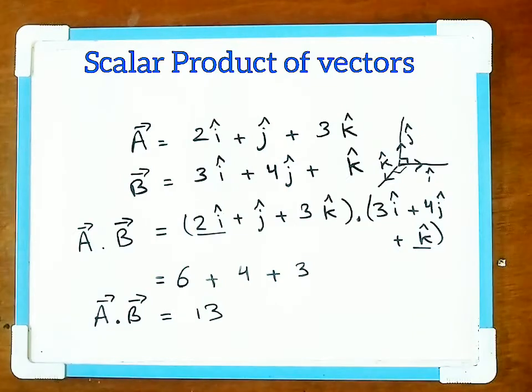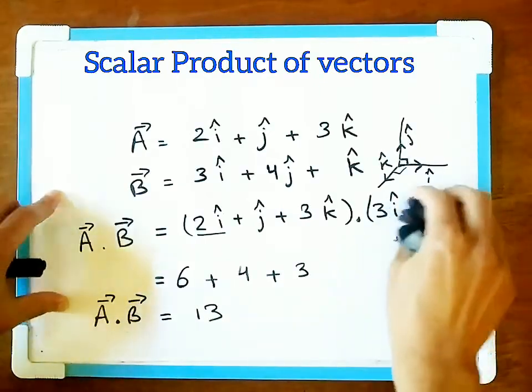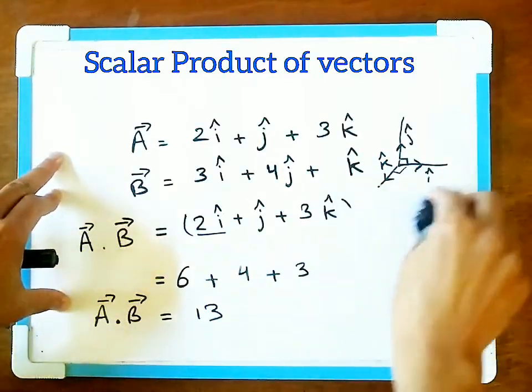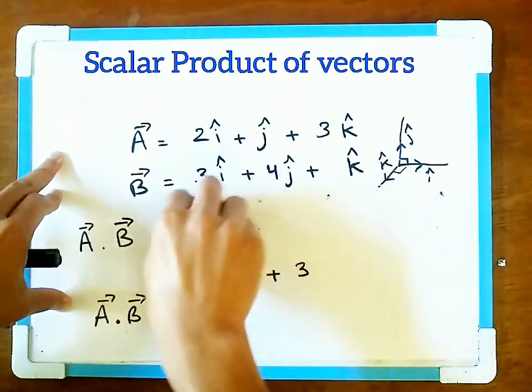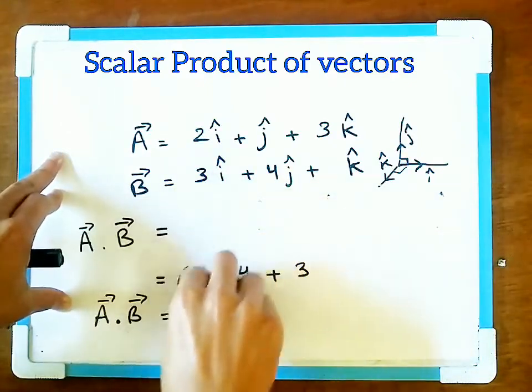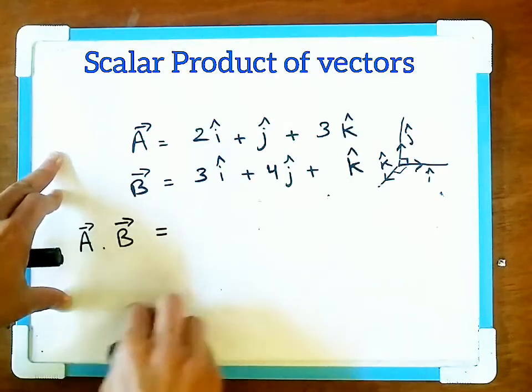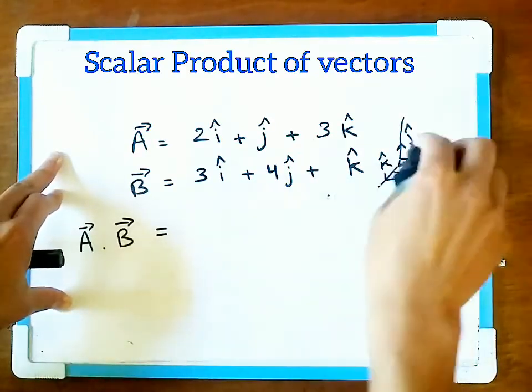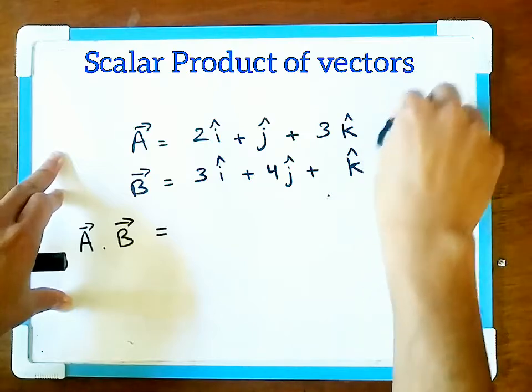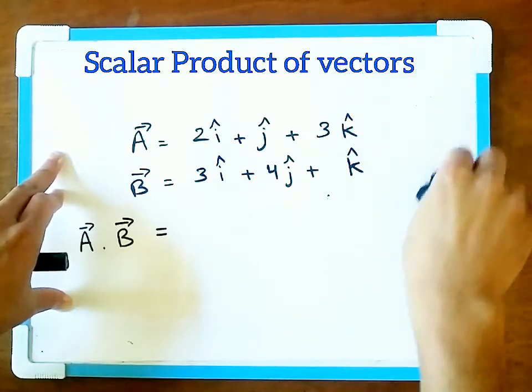Okay, so for simplicity, if you have to take the dot product of two vectors, what you do is, you have A and B vectors given in terms of the unit vectors or the rectangular components.